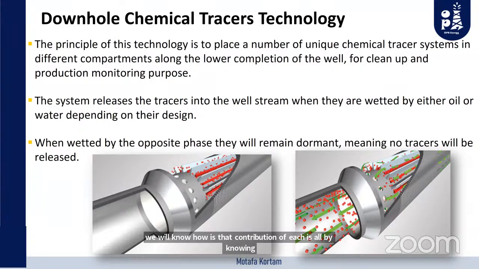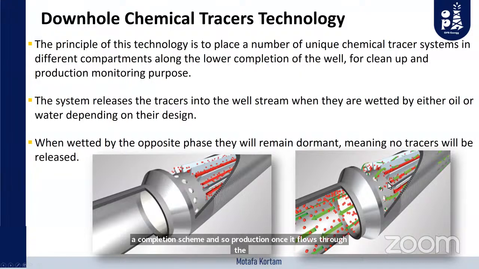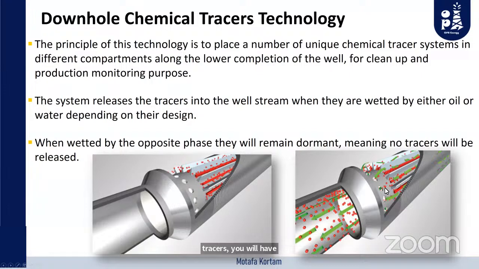the whole stream. So simply, we place the tracer in the completion scheme, and once the production flows through the tracers, you will have reactions, and that reaction will dissolve some of the tracer material, leaving the main composition and the main stock of the tracers.